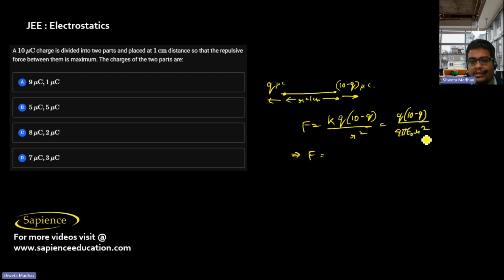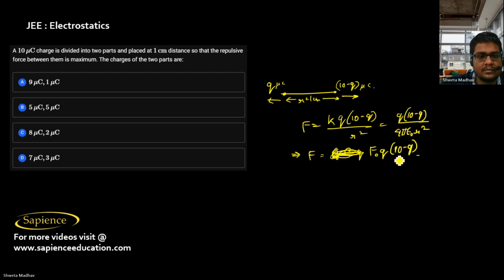So this part is constant. So let's say F is equal to some constant F naught into q into 10 minus q. So this would be maximum. So F is a function of q, which is F naught into q into 10 minus q.